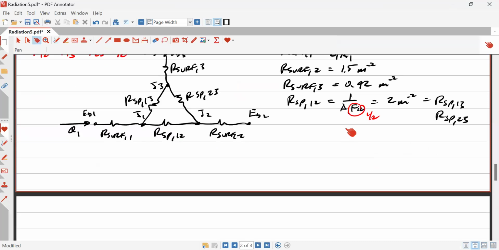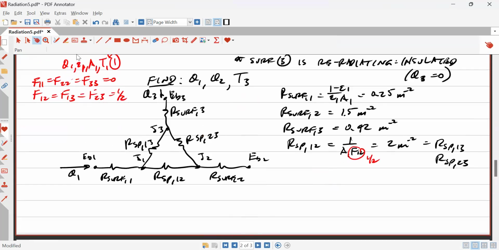All right, so continuing on, we can plug some of these numbers in. So maybe we can fill them in right now. R surface 1 is 0.25. And we'll just imply that we know it's inverse square meter. This will be 2, 2, 2. R surface 3 is 0.42. And this is 1.5. Okay.